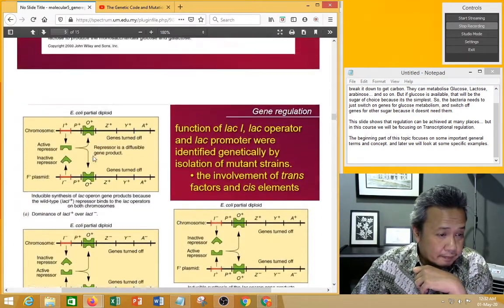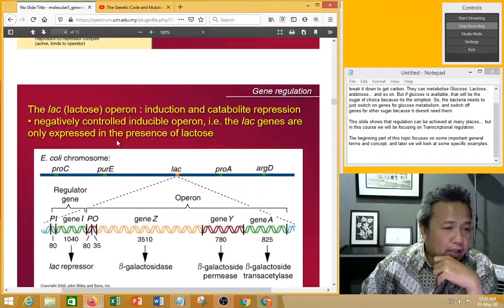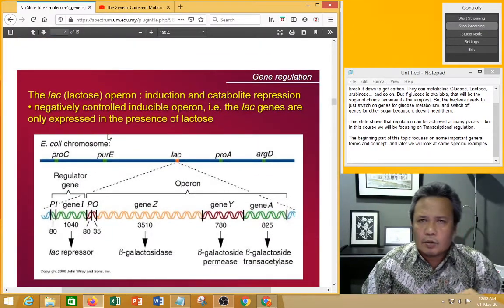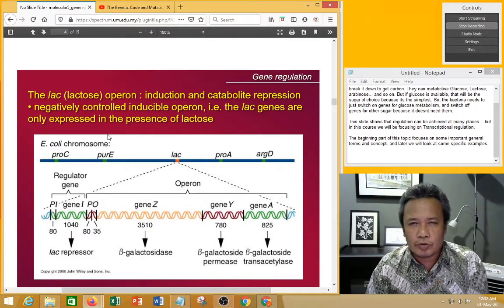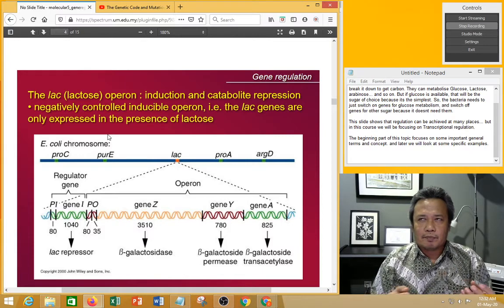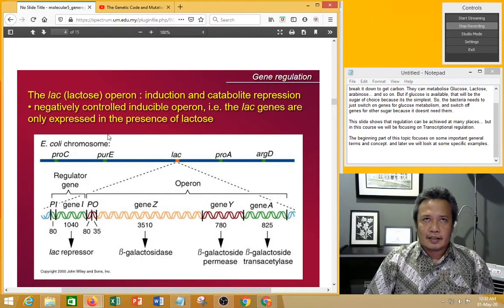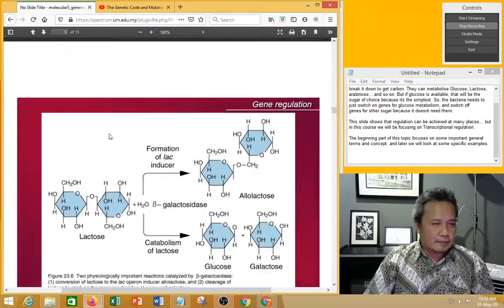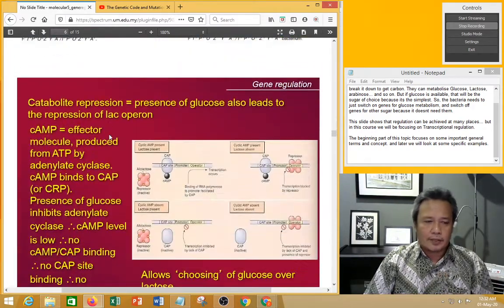Correct? So what happens if you have both glucose and lactose? Do both operons get activated? Now, for this matter, we want to have a look at catabolite repression.